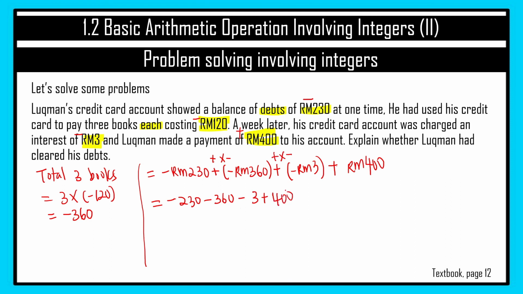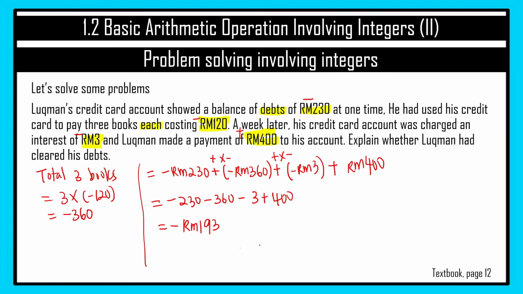Plus is because he did a payment of 400 ringgit. Okay, so negative 230 minus 360 minus 3 plus 400. In the end, there is a negative number, RM193. So negative means he has not finished paying the credit card.